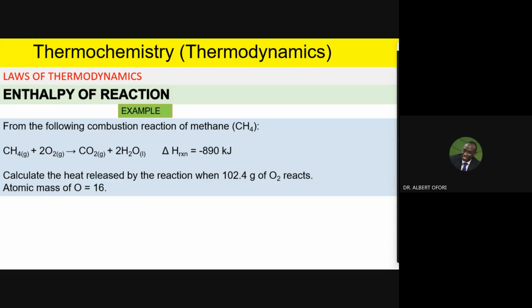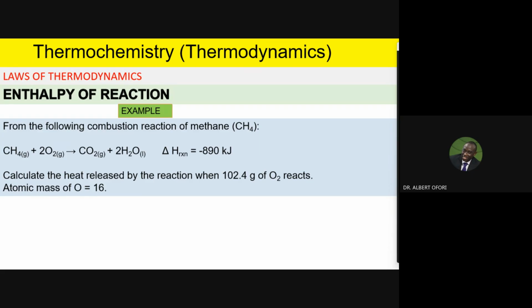Okay, so we have this. Now, if you look at the equation, it says that 2 moles of oxygen produces this amount. Now, how much of these moles are we going to be producing? Is it clear? Okay, so basically to find moles of oxygen, it is the mass over the molar mass.